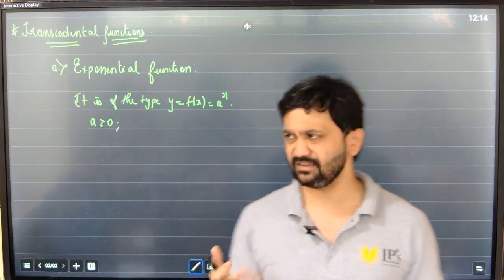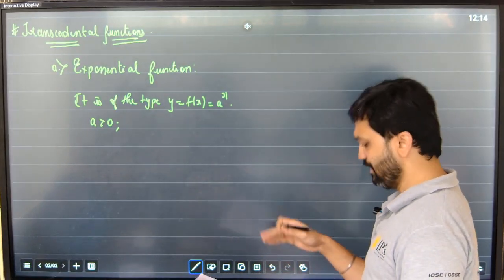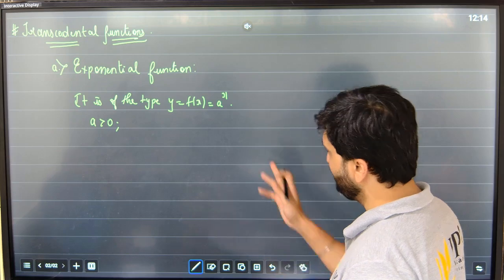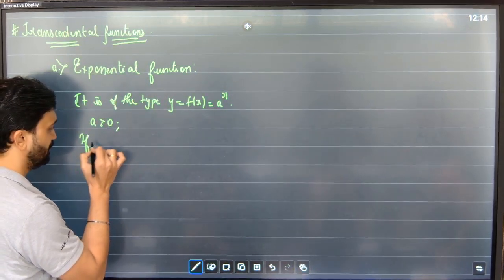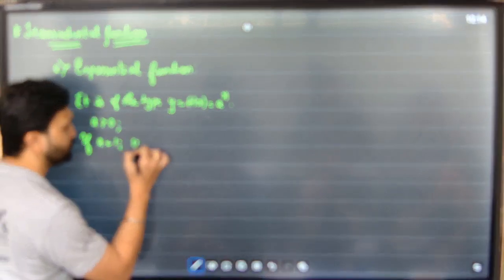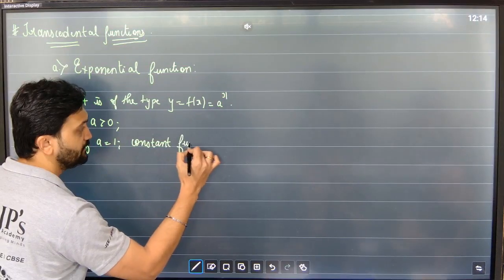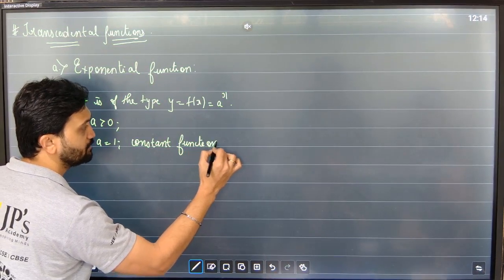Now if the value of a is 1, say for example a is equal to 1, it becomes a constant function.